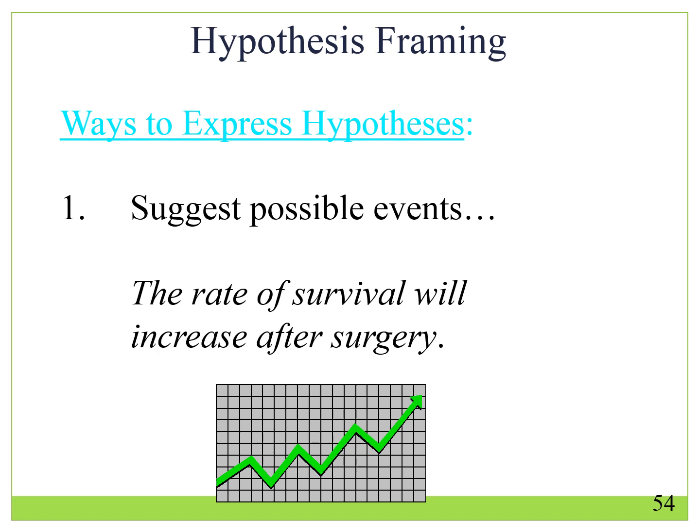Ways to express hypothesis: from the data, you can suggest a possible event. If there is no lockdown, the disease might increase, maybe. The rate of survival of some disease, cancer, will increase after a surgery, maybe.